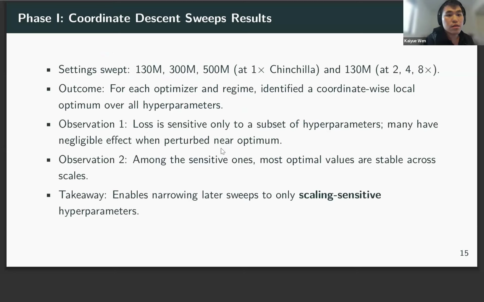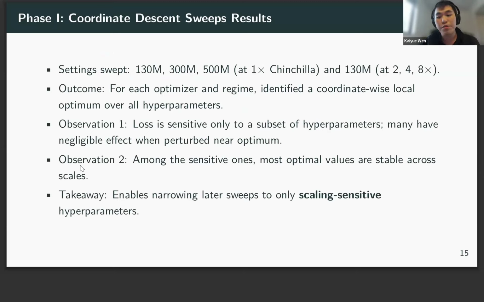Continuing on the results in the first phase, for every optimizer and regime in this phase, we identify a coordinate-wise local optimum over all the hyperparameters, and then we have two observations based on the result. The first one is that loss is actually sensitive only to a subset of hyperparameters.